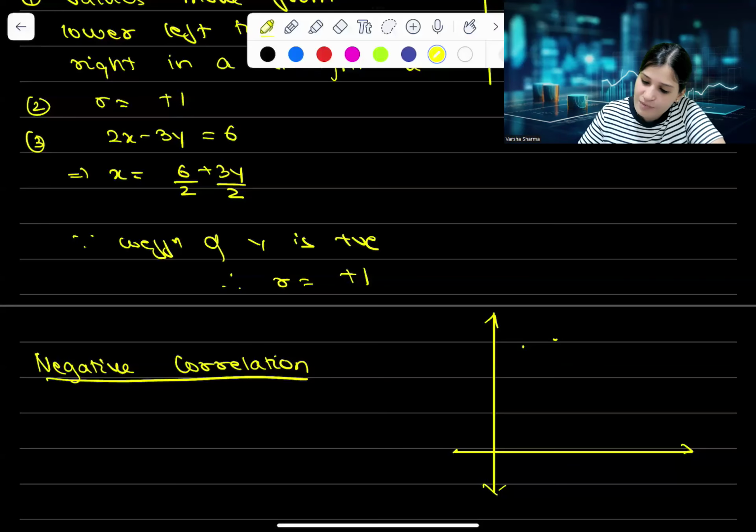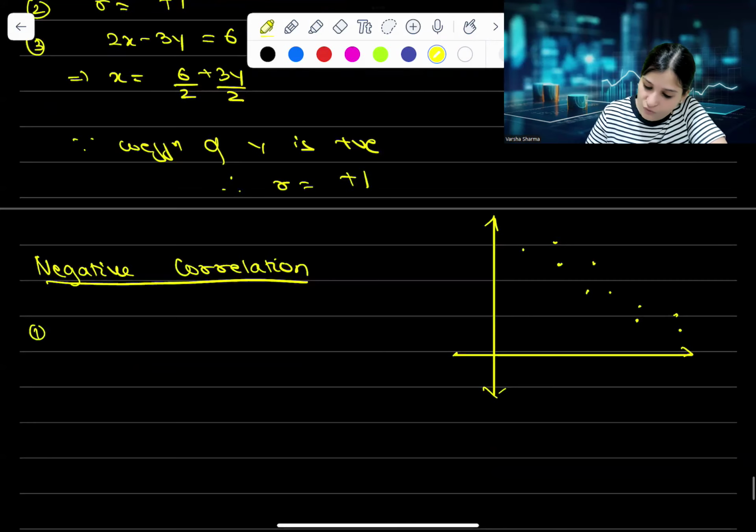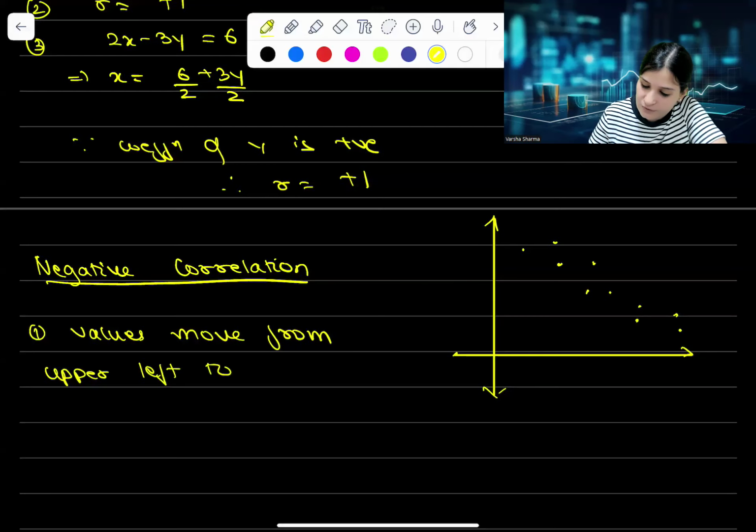So the values will be scattered somewhere around here, but they are going to move downward. So values move from upper left to lower right, opposite direction.